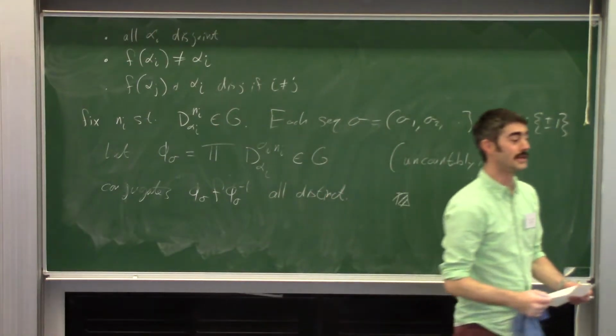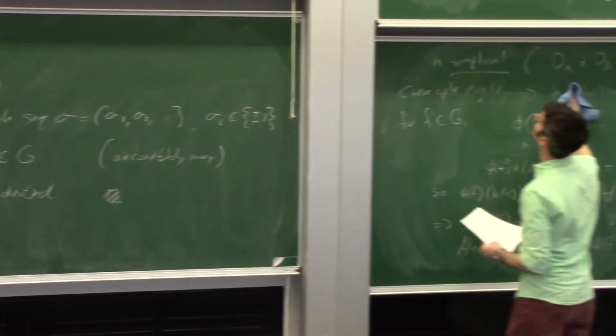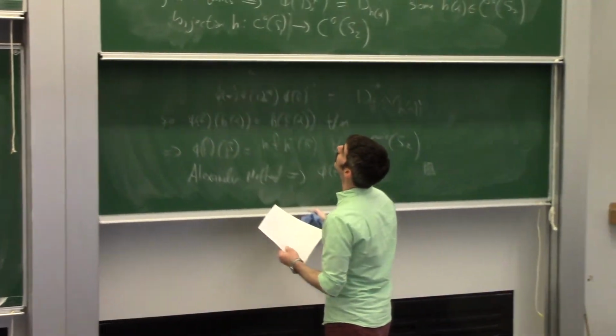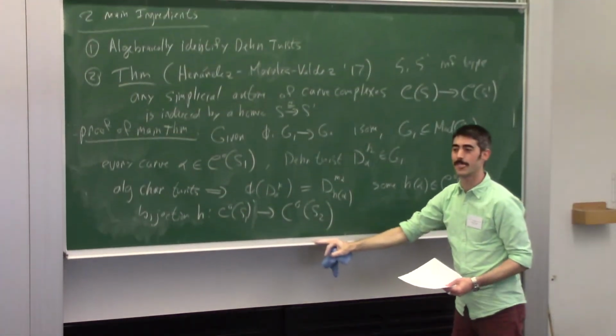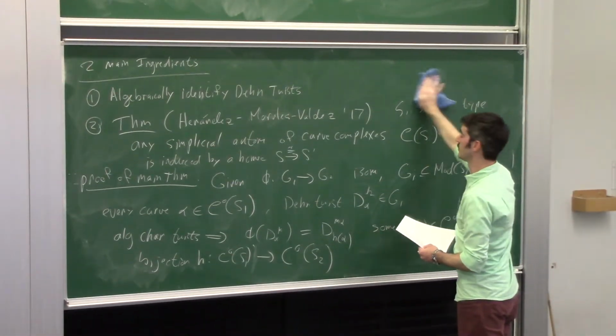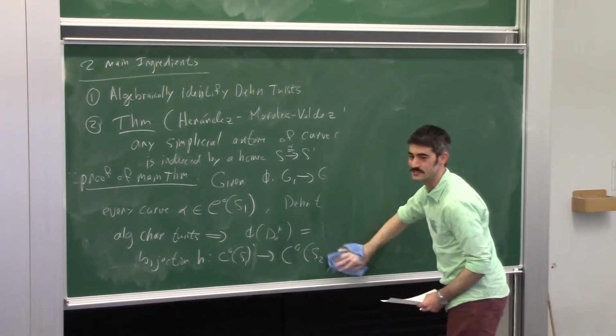Great. Just a couple minutes left. Let me now try to finish explaining how to use this to algebraically characterize Dehn twists. I maybe don't have enough time to say the whole thing, but I can at least write down the list of conditions.